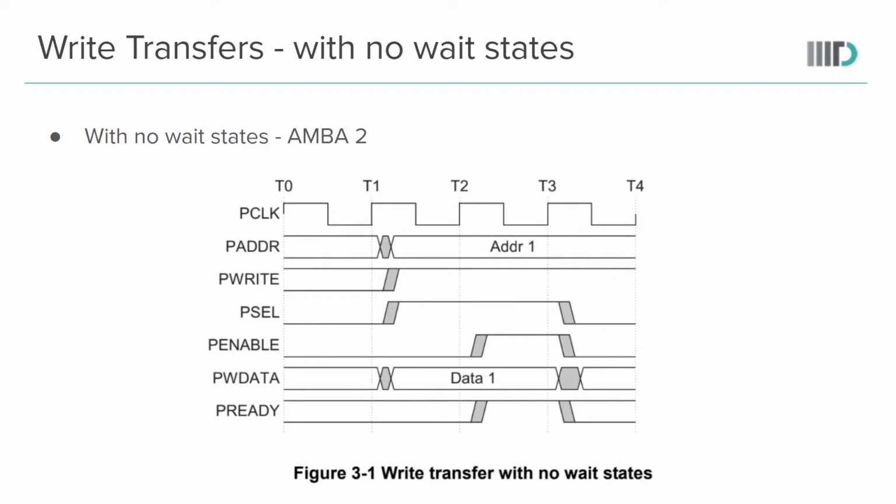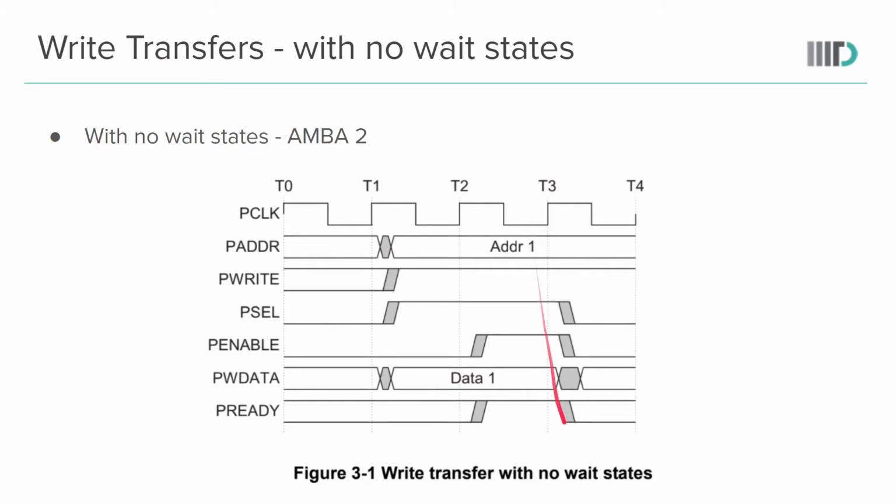At T1, we start with the P address, the P write data, and the P write, all being asserted at a positive clock edge. So here, at T2, P enable and P ready signals are asserted at the positive clock edge. So at T2, we can see that the P enable and P ready also are here, and now the handshake can take place as the slave itself is also ready to receive the data that's being written.